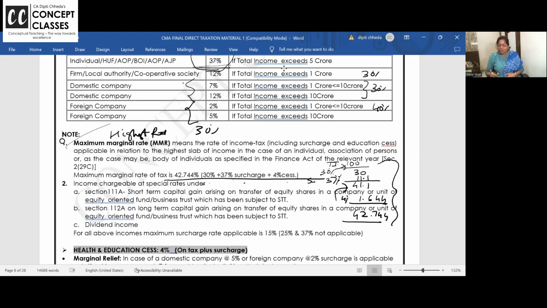So you should know what is 42.74. It's the highest rate of tax you have to pay in India: 30% tax, highest surcharge for individual 37%, and on tax plus surcharge, cess 4%. In MCQs, they'll give you these rates, 42.74 and 30% and like that, so you have to select the correct one.